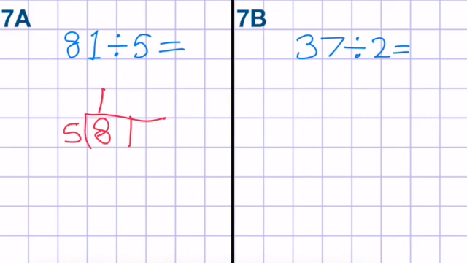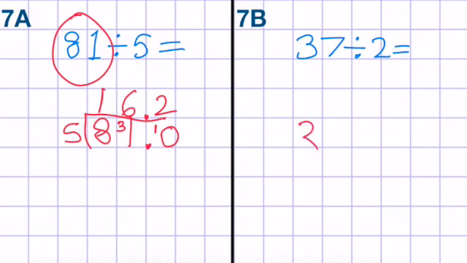So we carry the 3 over. 5 goes into 31 6 times, and there's a remainder of 1. So we need our decimal point, and we put our 1 here and a 0. And 5 goes into 10 2 times. And if you do 16.2 times 5, you will get 81. So you want to test that out, press pause and do that.